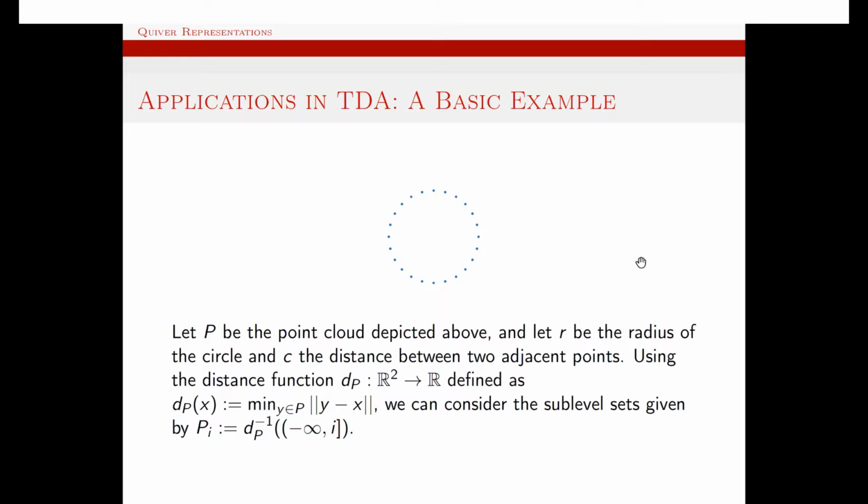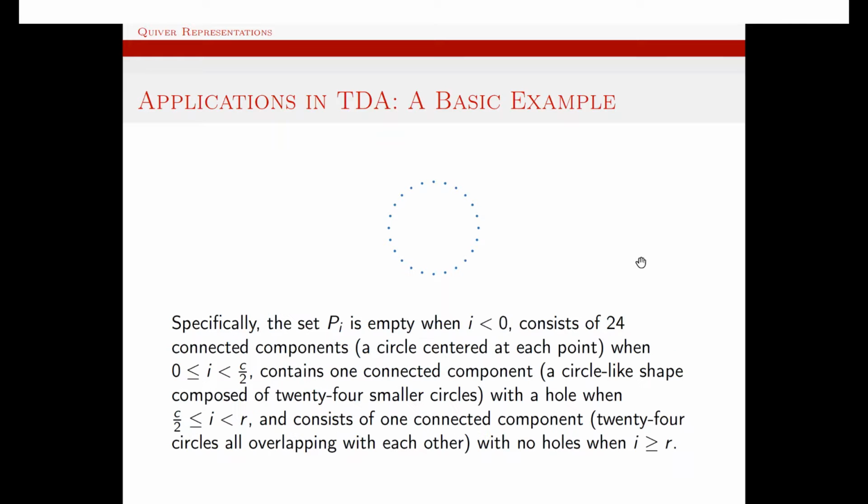And then if we take the distance function, which is just the function from R^2 to R that finds the closest value in our point cloud and then outputs the distance, we can take our sublevel sets. And if you note, the set P_i will be empty if i is less than 0, because our distance will always be non-negative.